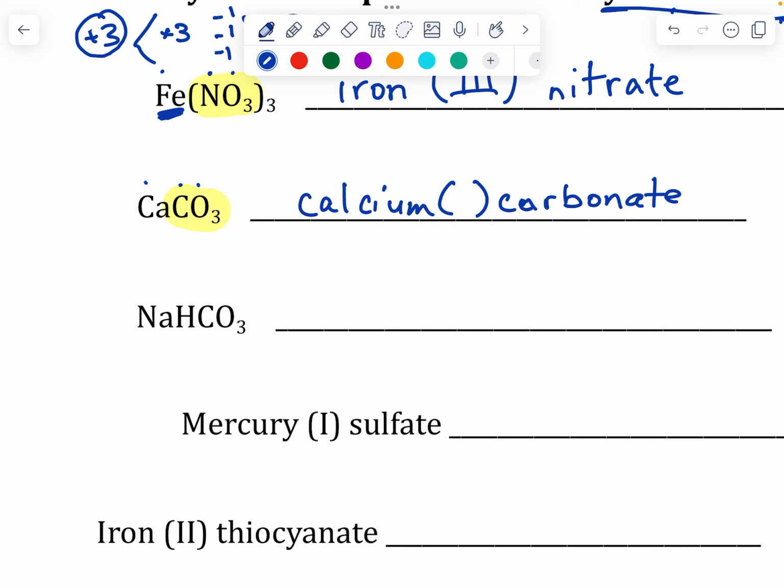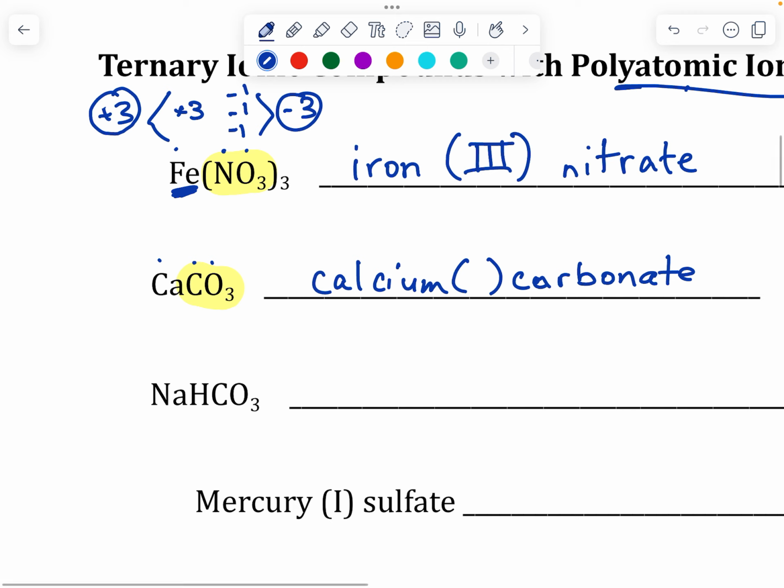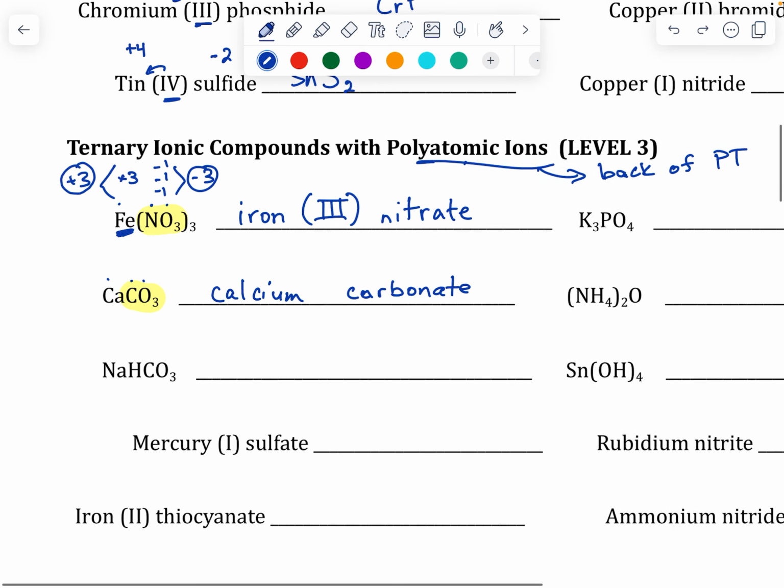The reason I did not need to put any Roman numeral there is because calcium is not a transition metal, therefore it does not need to show what charge it takes. It always takes a +2 charge. All right, so again, only use Roman numerals when you have the transition metals present.